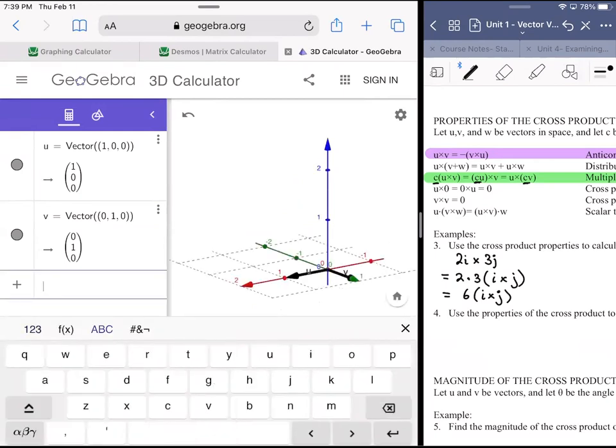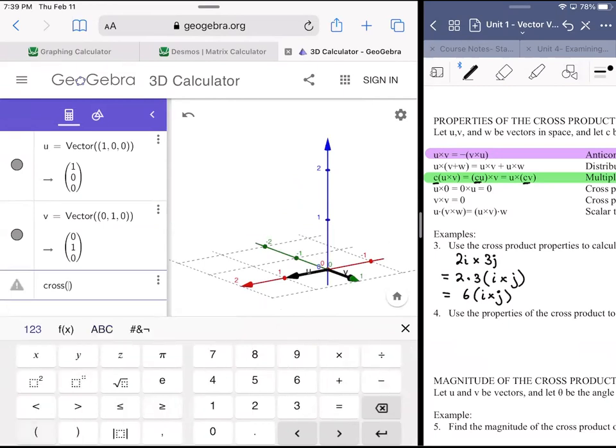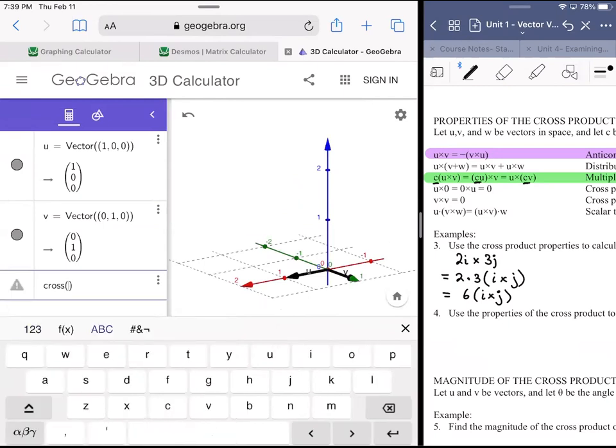So what we would do is we would cross u and v. And you see that gives you the k vector. So this gives you a result of 6k, which is all well and good, but the question that's got to be floating around in somebody's mind is, well, how do we know it wasn't negative k?